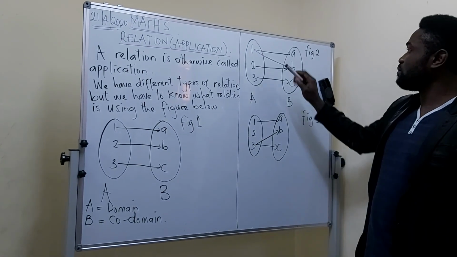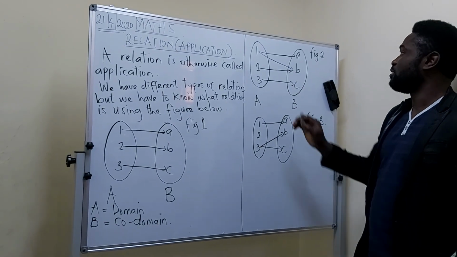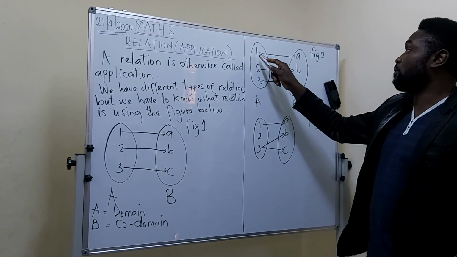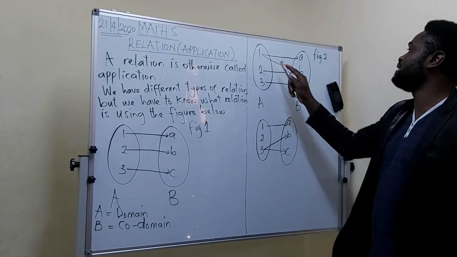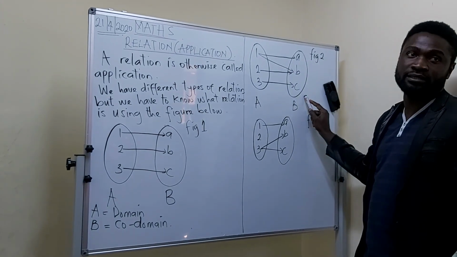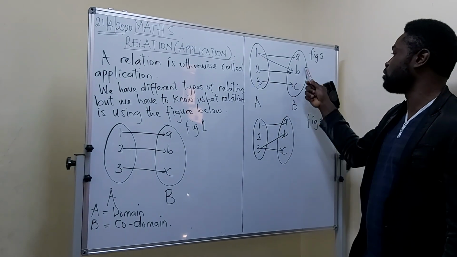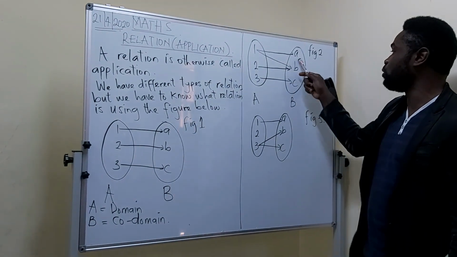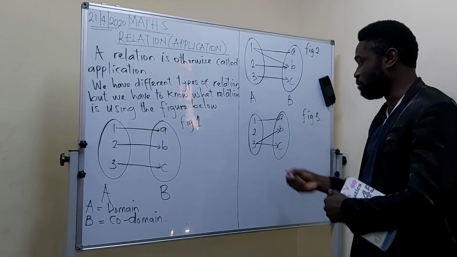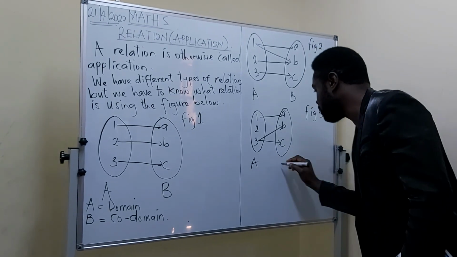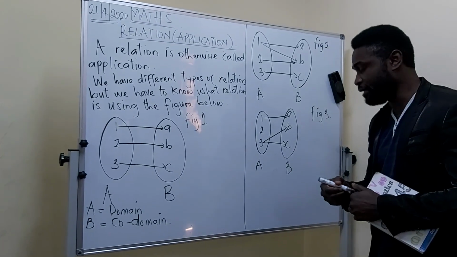Now, look at this. You can see number 1 connecting or binding with 2 elements from the codomain. Don't forget I said this is domain, this is codomain, this is domain A, codomain B, and this is domain A and codomain B.